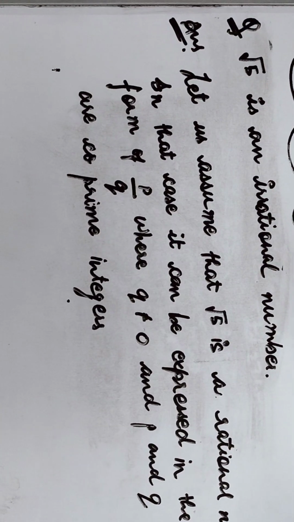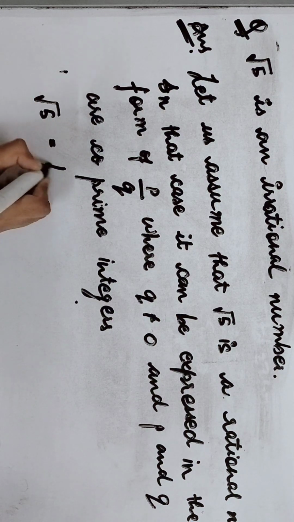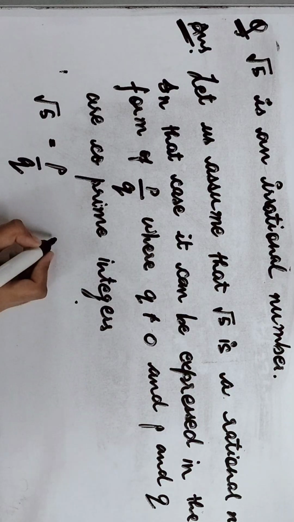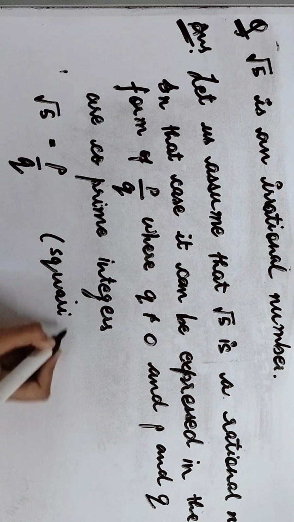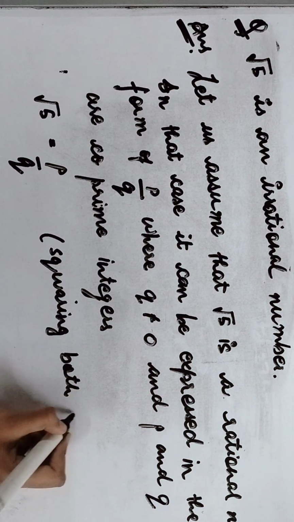Now root 5 is equal to p by q. Squaring both sides, 5 is equal to p square by q square.